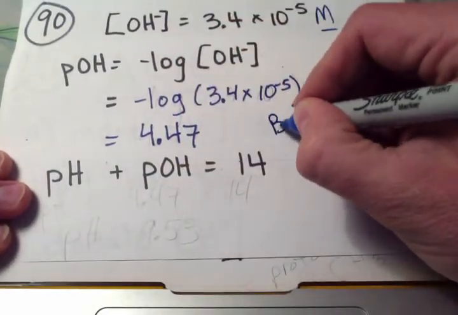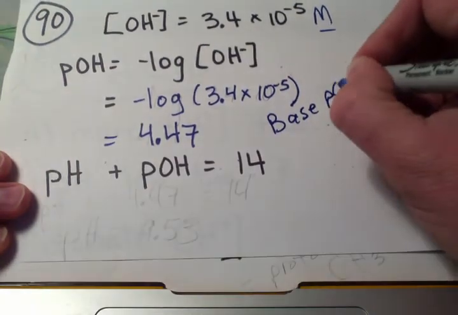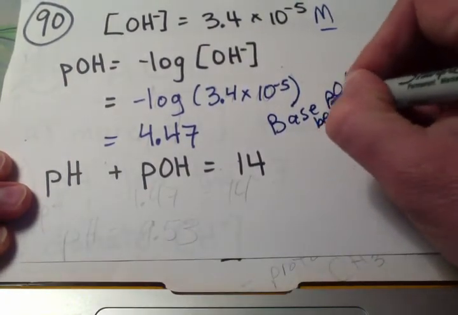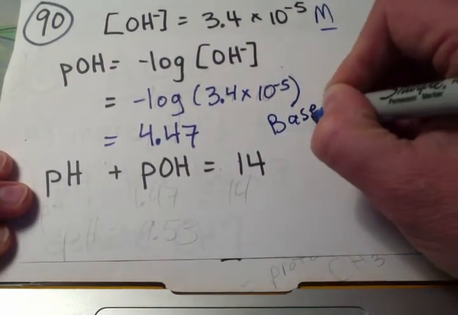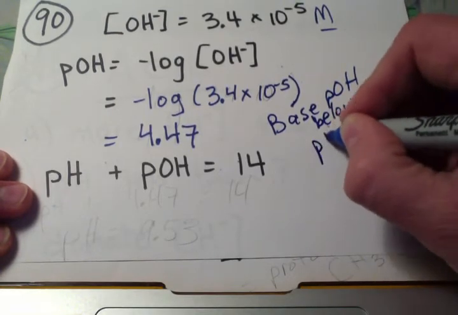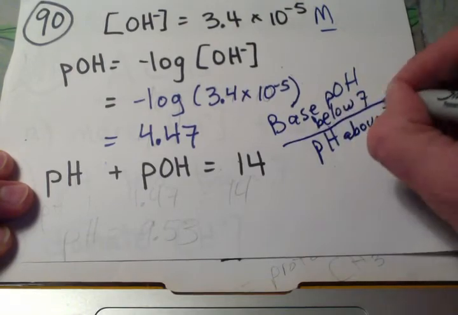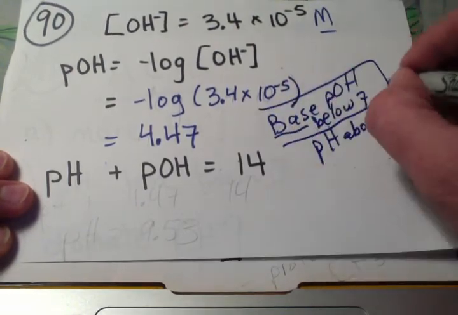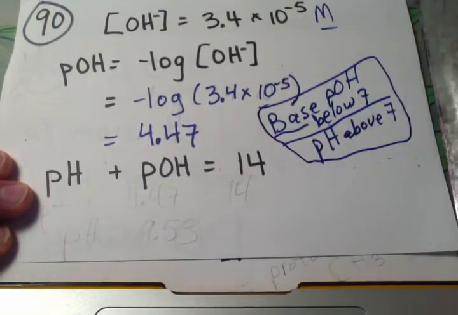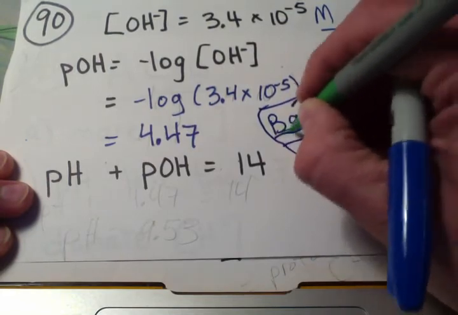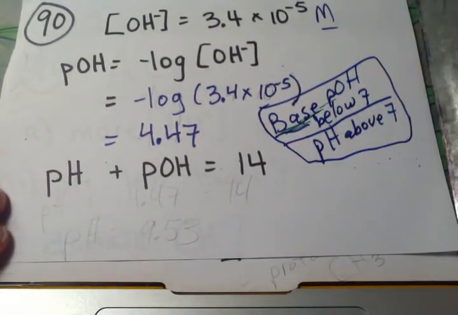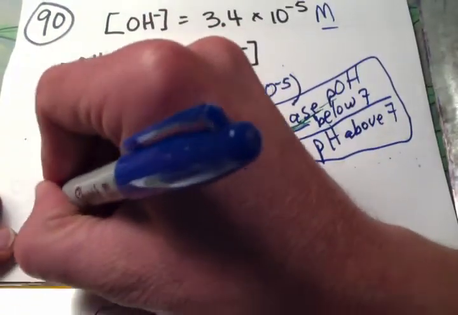So this is a base. The pOH is below 7. That's the same thing as saying the pH is above 7. It's a base. Okay, that's true for bases. Let's just finish it up.